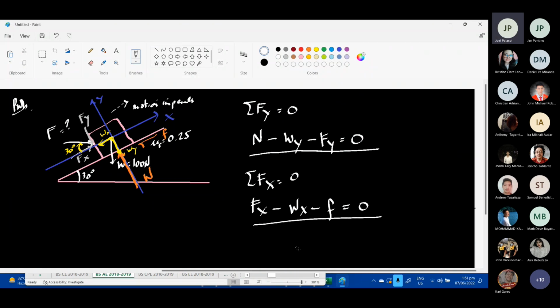So from this, you'll be able to solve for the force F. I've already provided you all the equations involved. It's just a matter of substituting the values. So any questions?